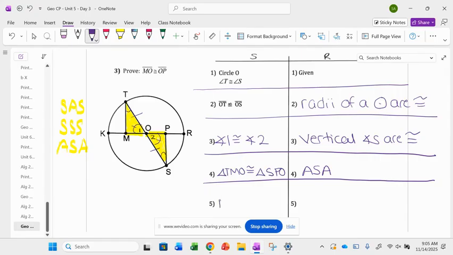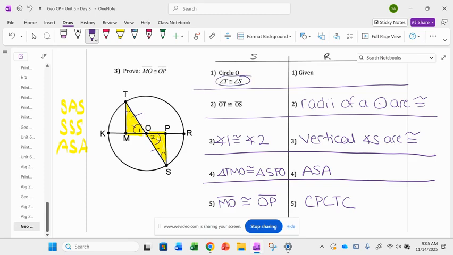And now our last step is going to be that MO is congruent to OP. Who thinks they know this reason? Stella? Good. CPCTC. Yeah, that was in the given.